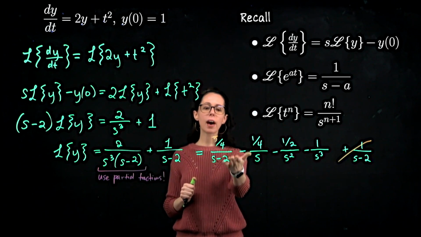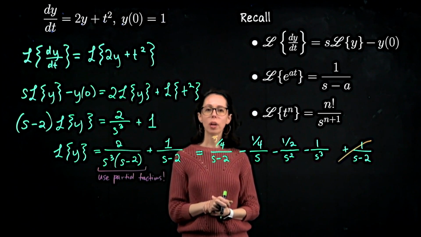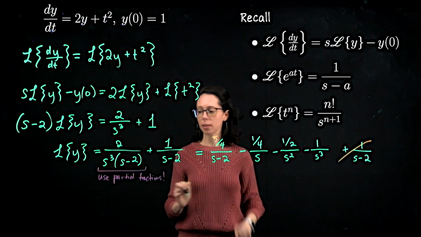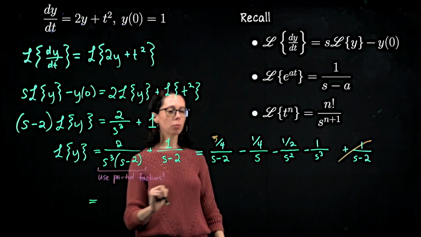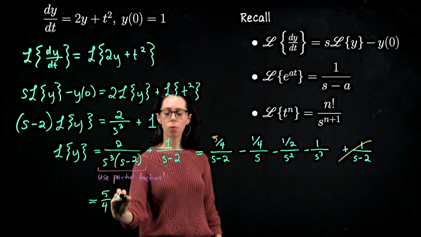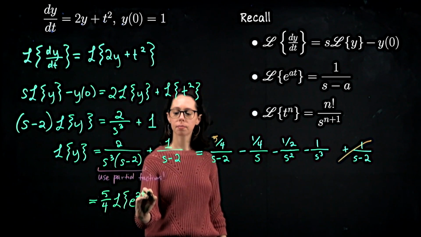Okay, so this looks like 5/4 times 1 over s minus 2. And 1 over s minus 2, because of the second identity, is the Laplace transform of e to the 2t. So I will leave the 5/4 out front. It's 5/4 times the Laplace transform of e to the 2t.